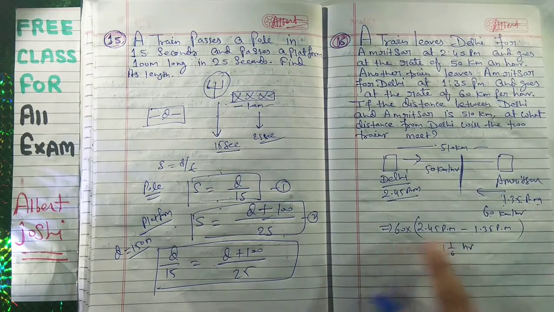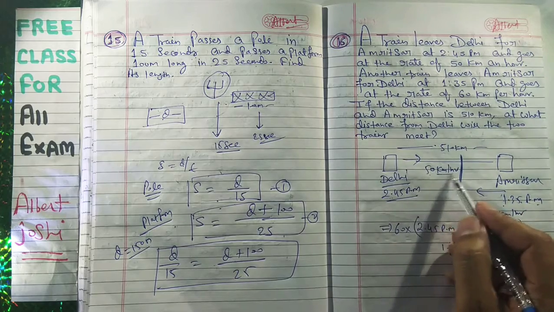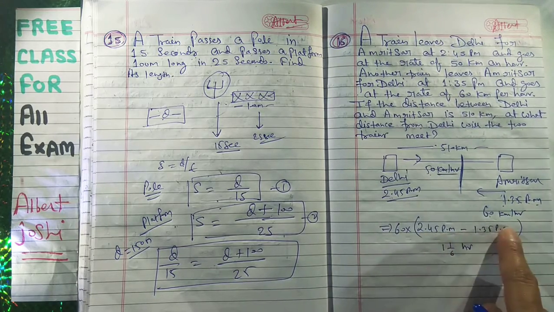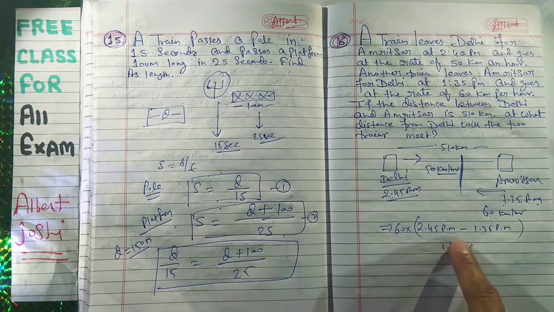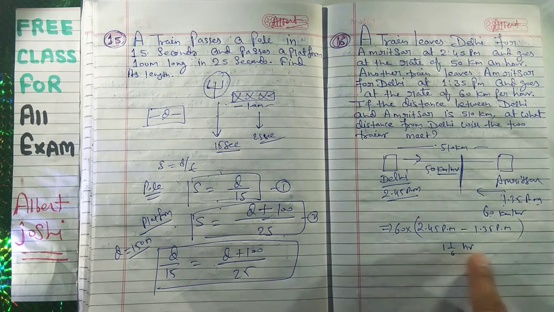It is in hours because the problem has given kilometer per hour, but if you subtract, you will get minutes, so you have to convert to hours. So that is 1 and 1/6 hour. The second train from Amritsar started earlier, so it will take total 1 and 1/6. If you solve it, you will get 70.